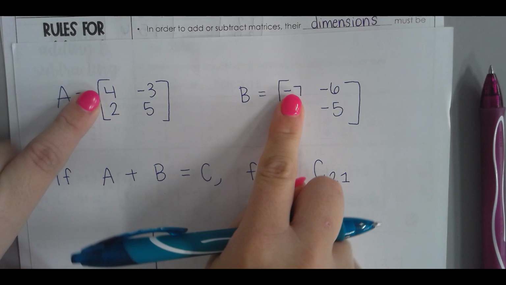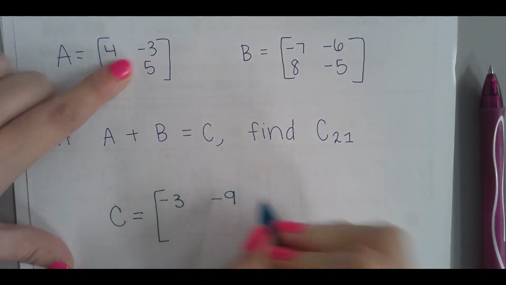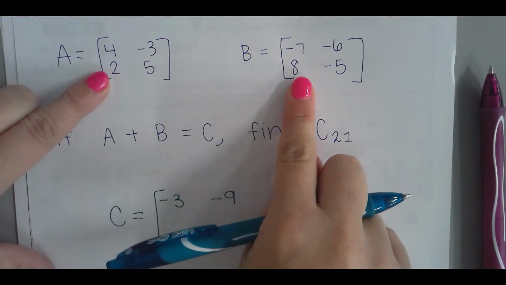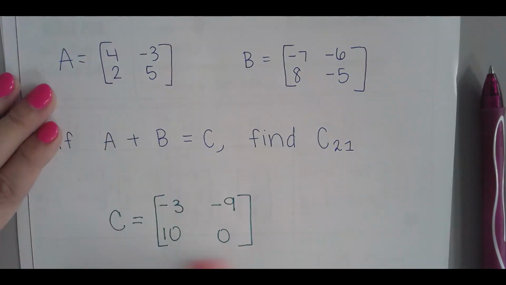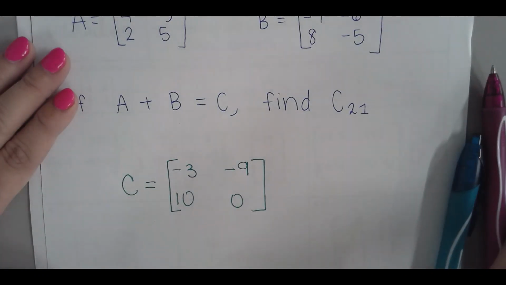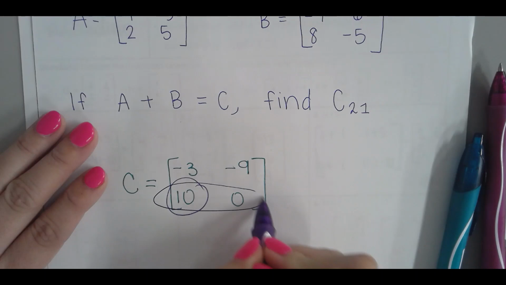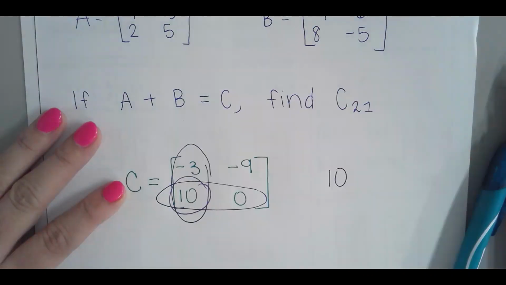Okay. -6, -9, 2 and 8, 10, 5 and -5, 0. My matrix C. And now, when it says C21, that's an element. Row 2, column 1, it is 10. So my answer would be 10.